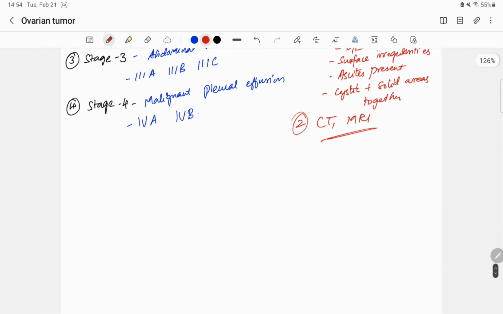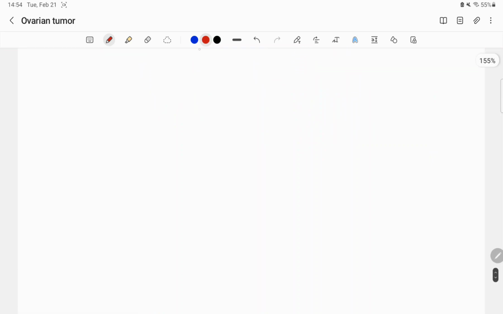Right, and finally we study about the treatment. Treatment of ovarian tumors includes surgical resection.